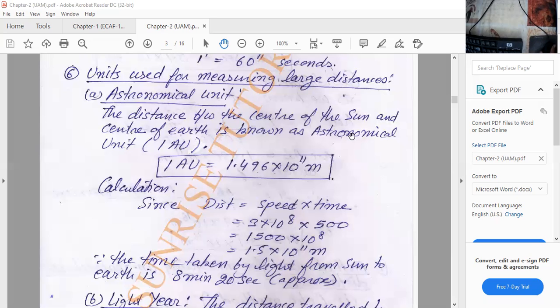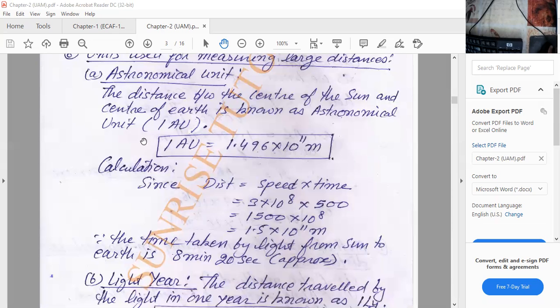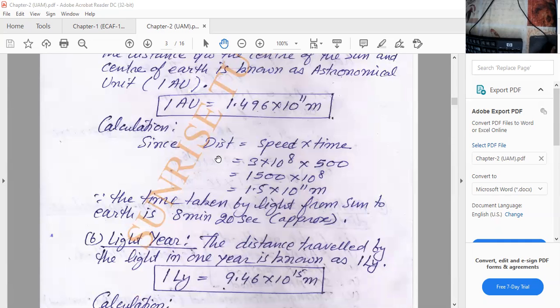Now, one thing comes to our mind: how is this distance calculated? So let us see the calculation. Since we know that distance is equal to speed into time, this formula is well known to you, or you have learned speed is equal to distance upon time in your previous classes. Now we know that the light coming from the sun up to the earth takes approximately 8 minutes 20 seconds, approximately 500 seconds.